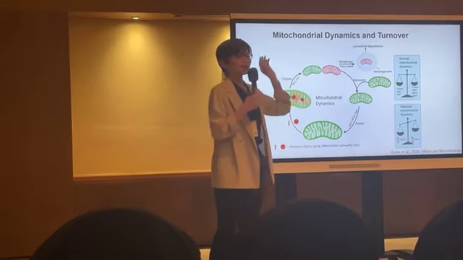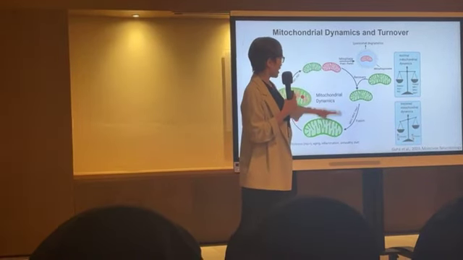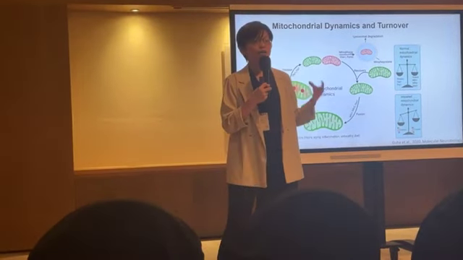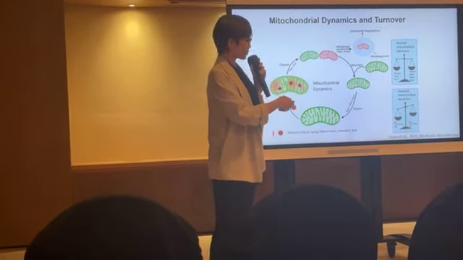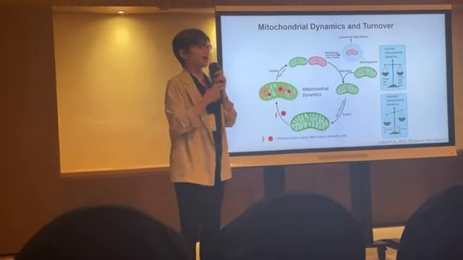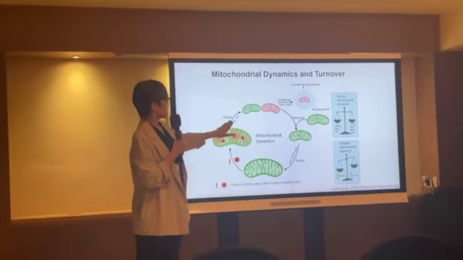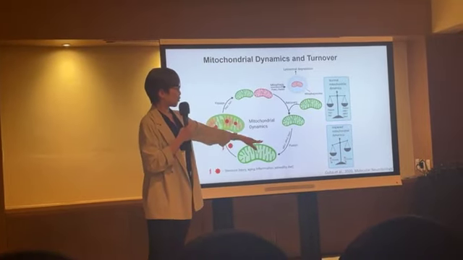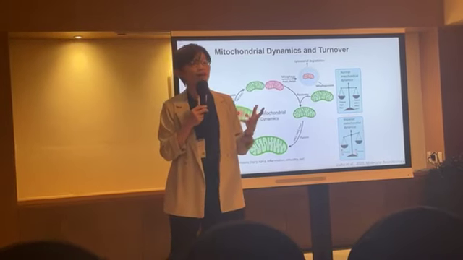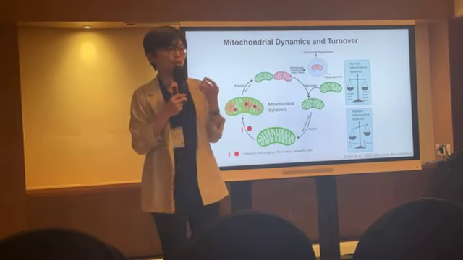So they need to cleverly get rid of the damaged parts through the fission process and also through the fusion process to maintain a good amount of mitochondria for their function. So this kind of dynamics and turnover is very critical for mitochondria to maintain our cell viability and activity. And many proteins, including DRP1, mitofusin 1, 2, or OPA1, those dynamin-related proteins have been reported and well studied for their critical function and role in controlling the dynamics and the quality of mitochondria.